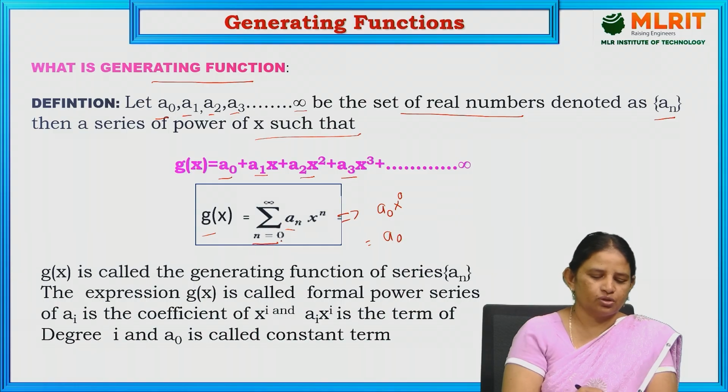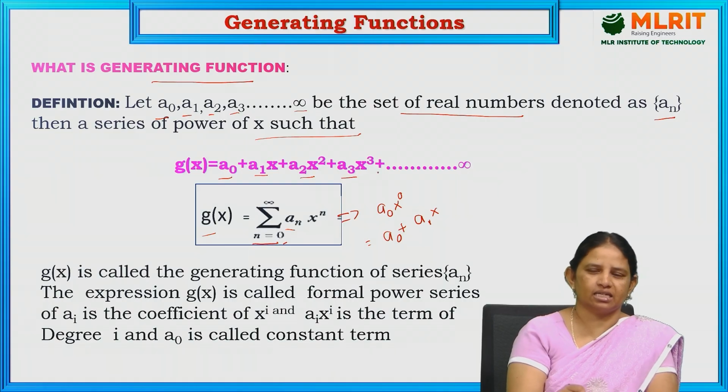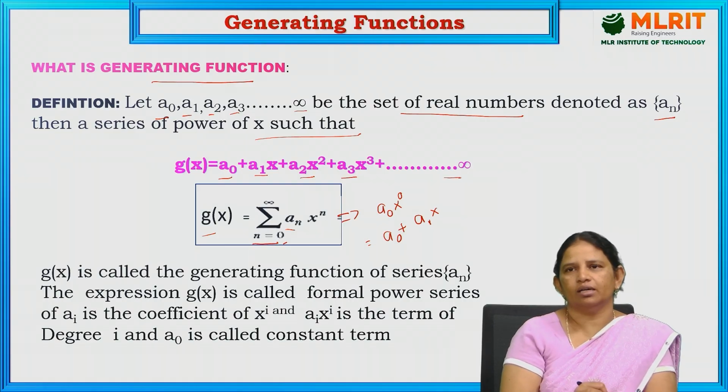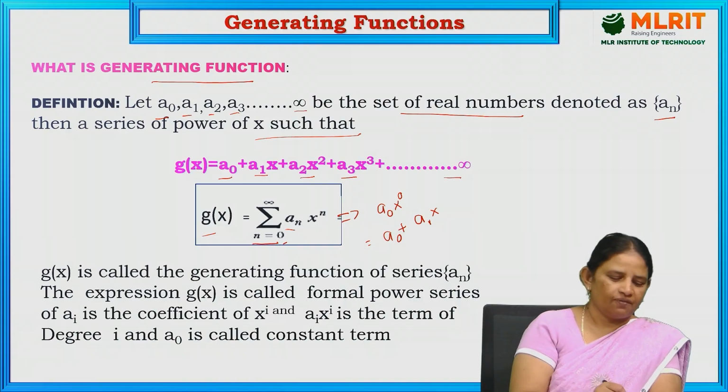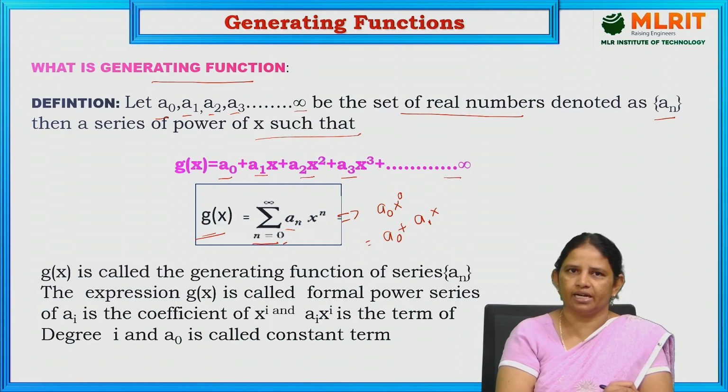If you substitute n equal to 1, we get the second term in the expansion, a1 x^1, which is a1 x. Next, n equal to 2, a2 x^2; n equal to 3, a3 x^3. Like that we get all the terms. But we have to simplify all the terms in the expansion, so we write g(x) as the summarized form of the generating function.